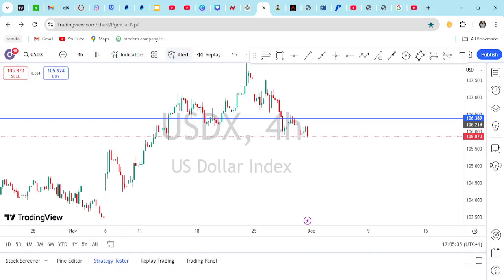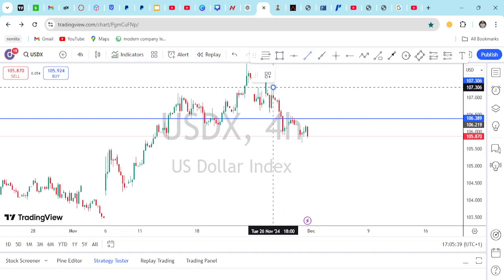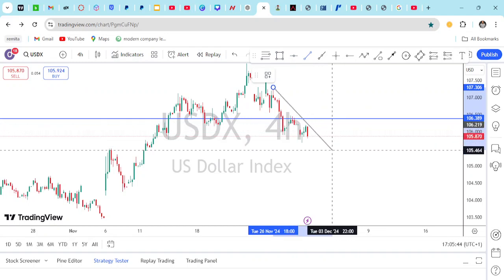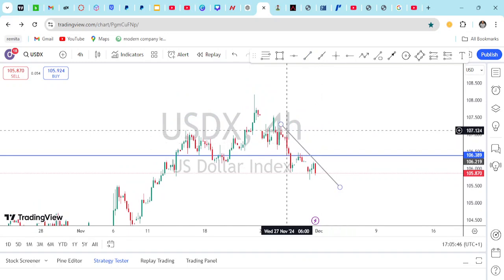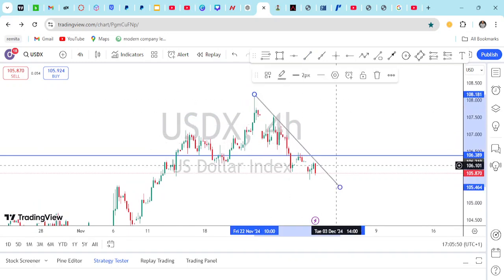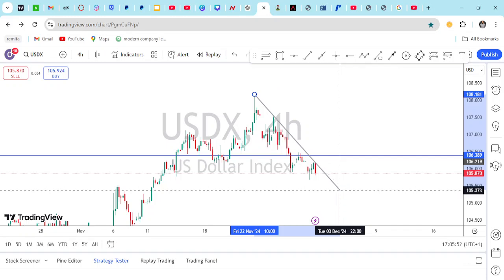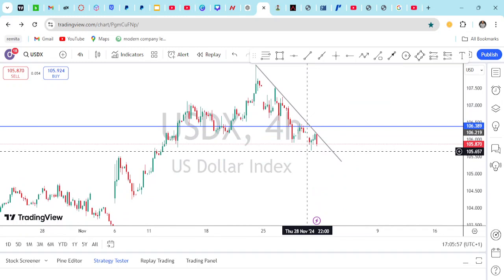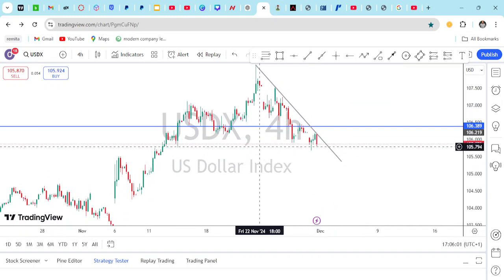If you use our indicator to check, you see that the market has been trading downward. This is the daily trend line. It has been trending downward, and I'm technically bearish on this particular dollar index.